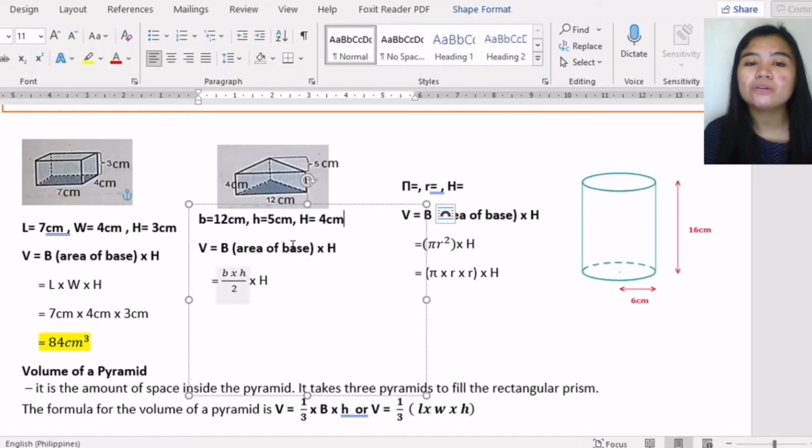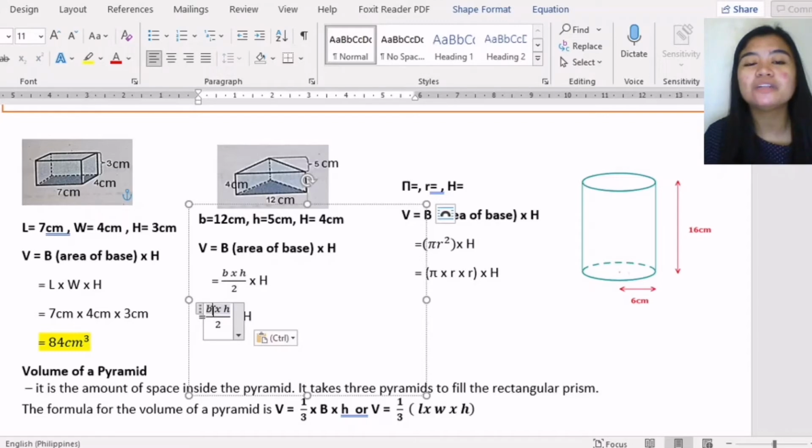Inilagay ko na dito kung paano hinahanap yung area ng triangle, that is base times height divided by 2, and then times the height. Then, kokopyahin ko lang po ito para hindi na ako mahirapan pang mag-insert. So, equal, and then i-paste ko lang yung kinopya ko kanina.